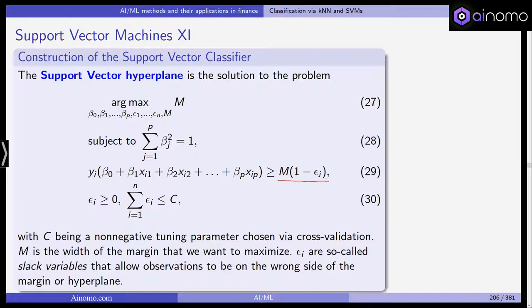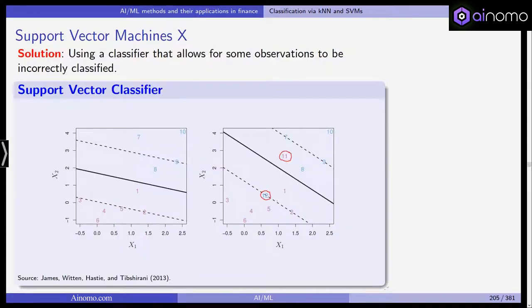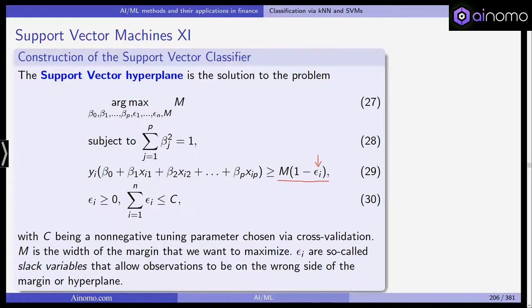This possible error is included here with these so-called slack variables that allow the observations to be on the wrong side, at least a little bit. So we would expect 11 to be on this side, but it's okay that it's a little bit off and a little bit above the hyperplane, so this would be captured in the slack variable.